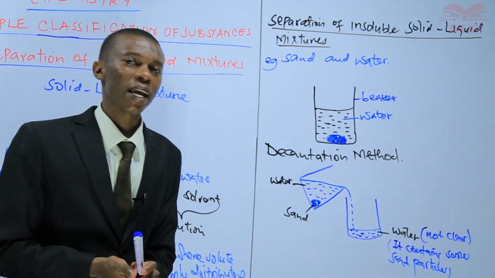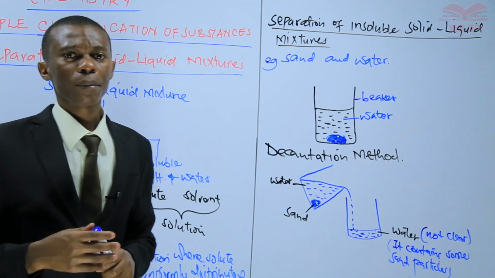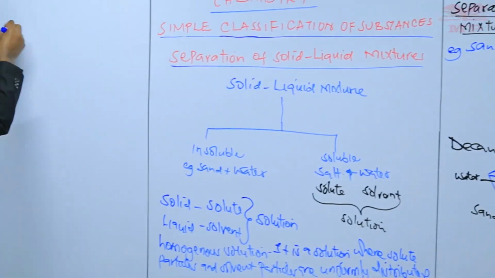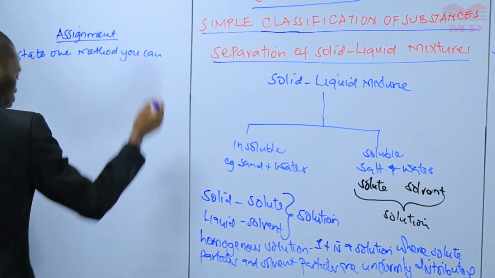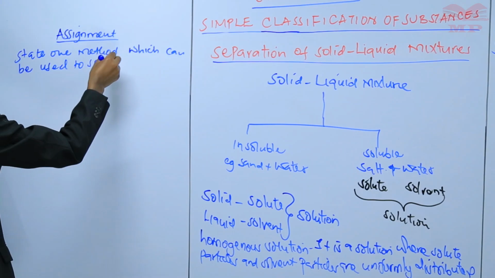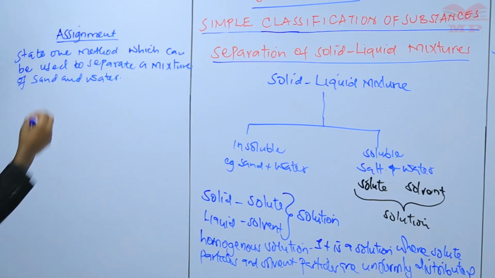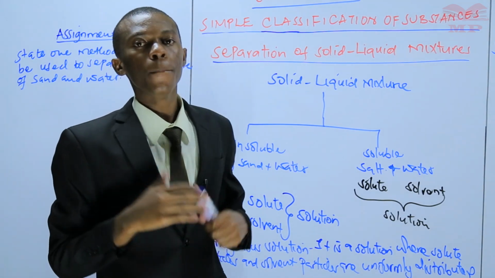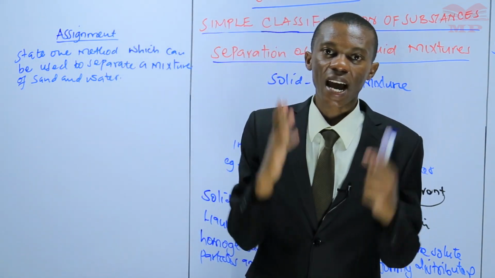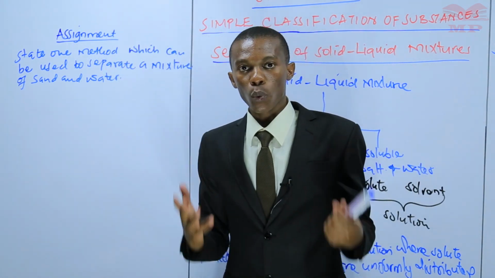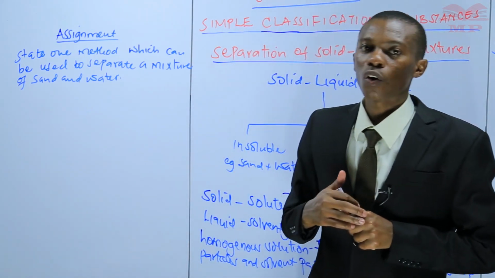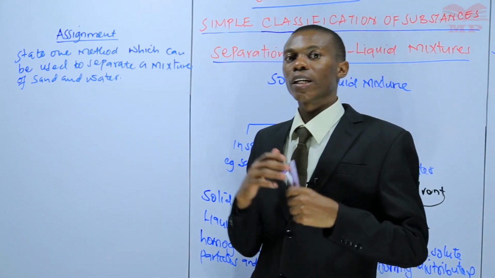Therefore, that brings us to the end of today's lesson. But before we end, I will leave you with this assignment: state one method which can be used to separate a mixture of sand and water.